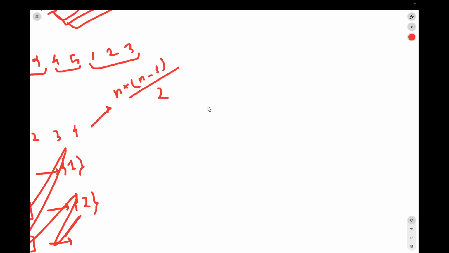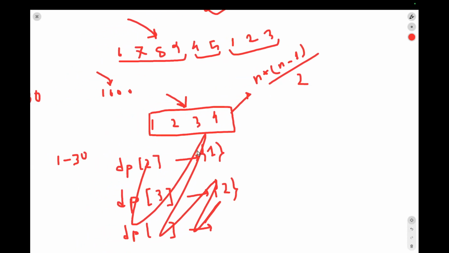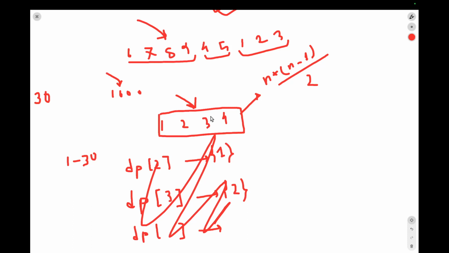Actually, what I meant is this: if we are given this permutation, what will be the number of subarrays where every element is strictly increasing?